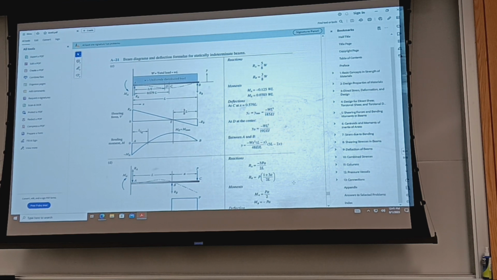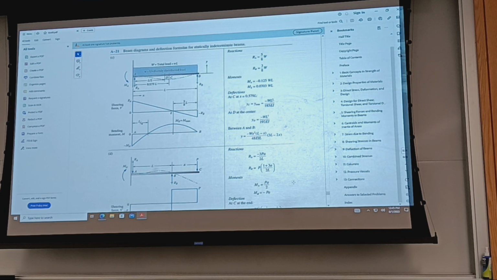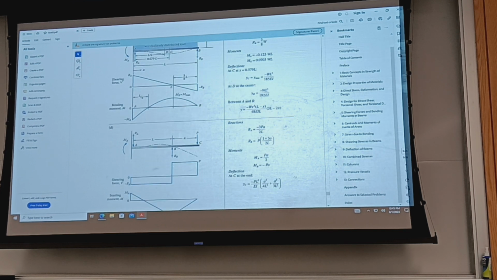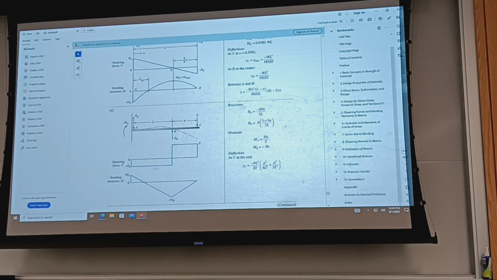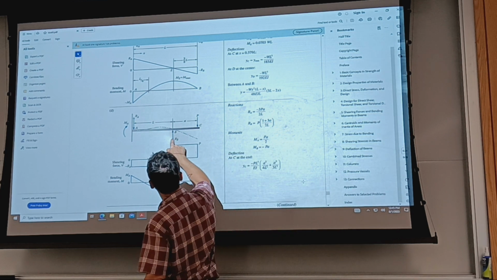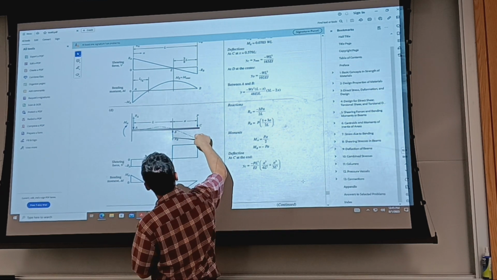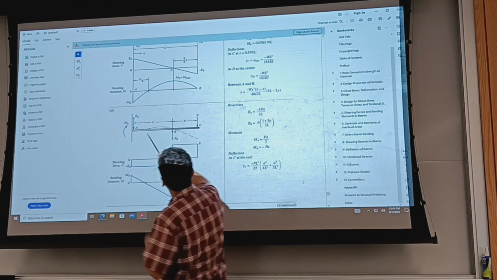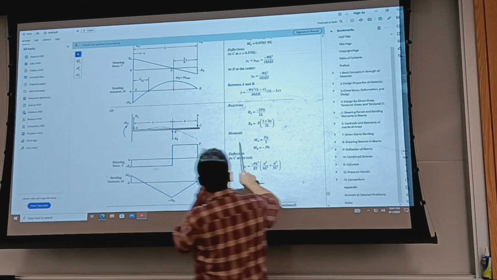Okay, more statically indeterminate cases. So supported cantilever with a distributed load, and then we have the supported cantilever with an overhang. If you see an arrow that has this transverse little line, it means a support. So you have a supported cantilever over an overhang.